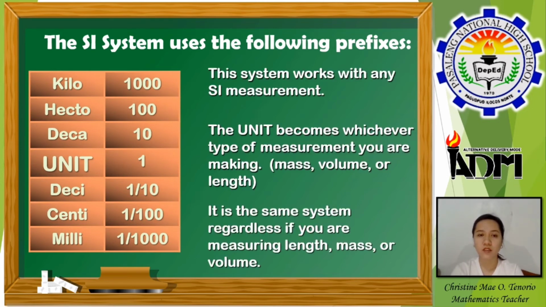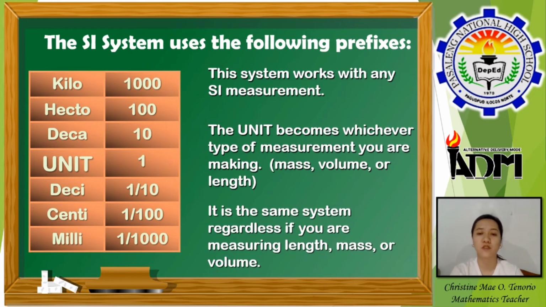This system works with any SI measurement. So lahat ng international system of units natin ay nag-work itong nasa table. And then the unit becomes whichever type of measurement you are making. Ito na yung sinasabi ko na yung mga prefixes na yan, pwede siyang gamitin sa mass, volume, or length.